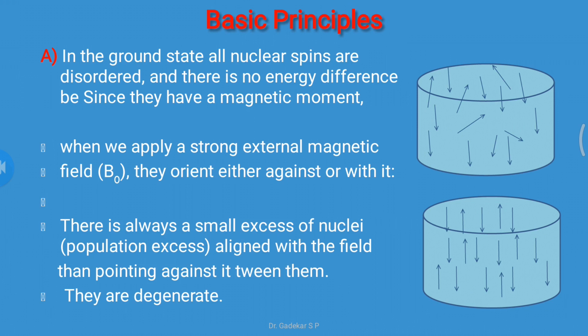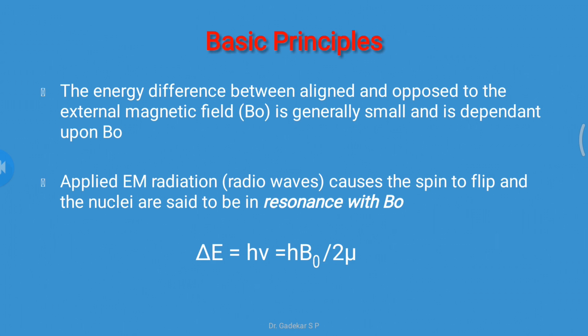So this is the basic principle. First, in the ground state they are disordered, but when we apply an external magnetic field, they align with or oppose the field. This is the effect of the applied magnetic field.